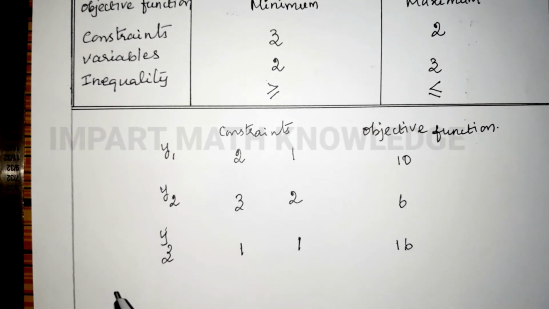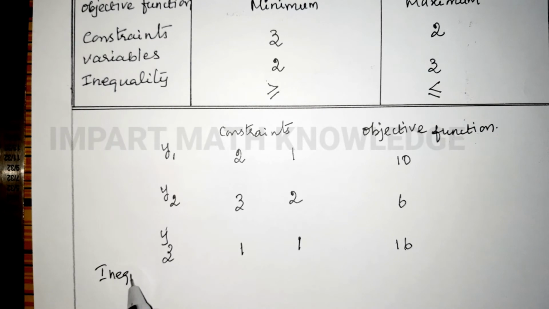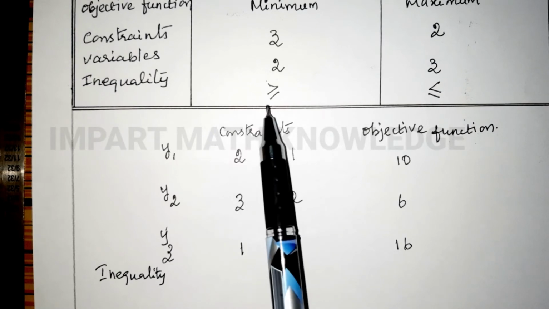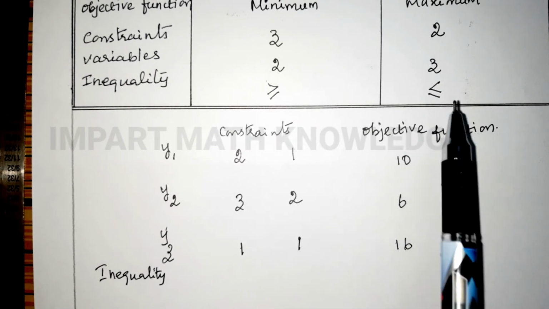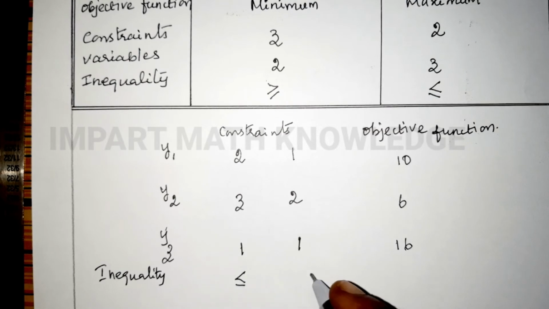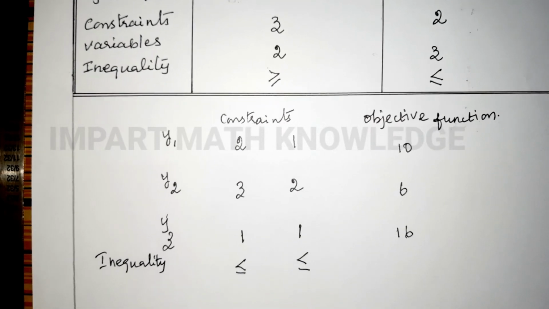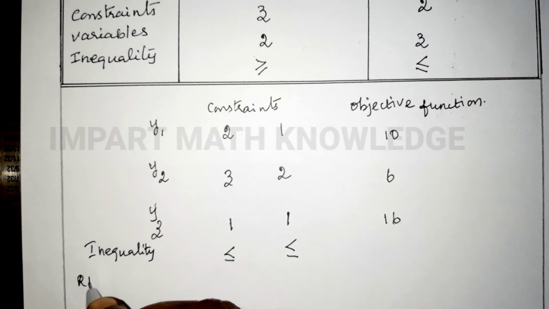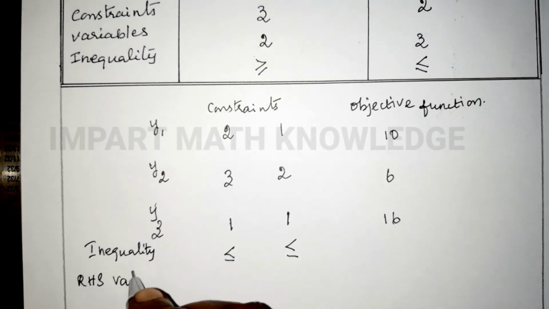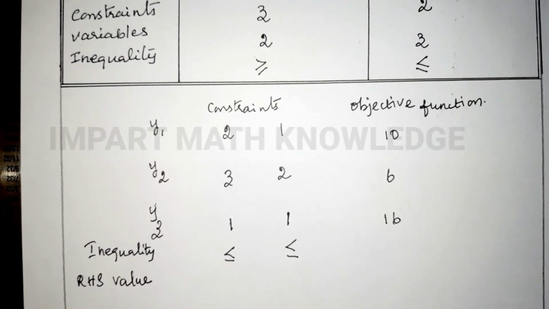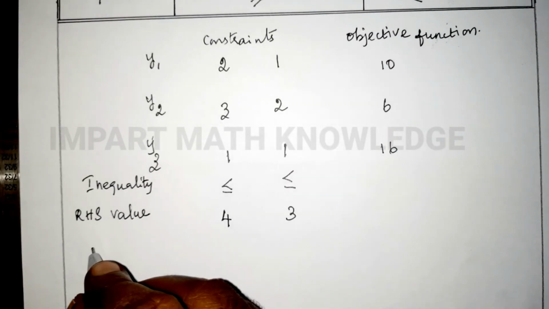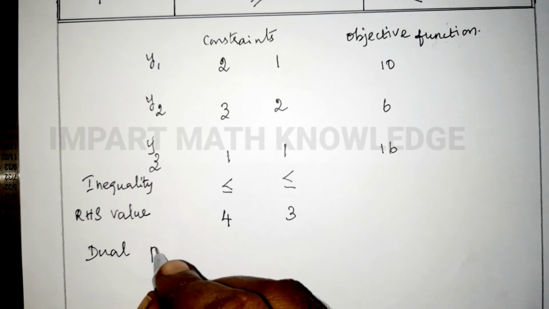Now the inequality: in the primal problem, the inequality is greater than or equal to, so in the dual problem, the inequality is less than or equal to. Now the right hand side values are the coefficients of the objective function in the primal problem, that is 4 and 3.